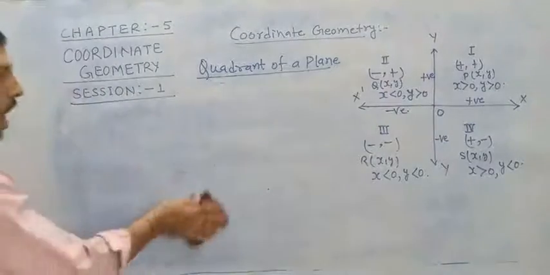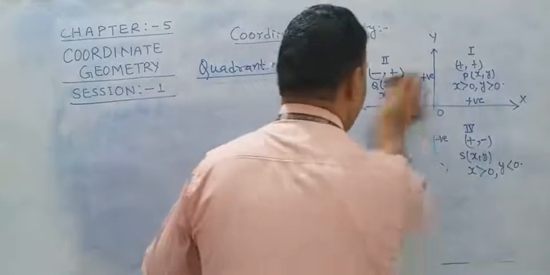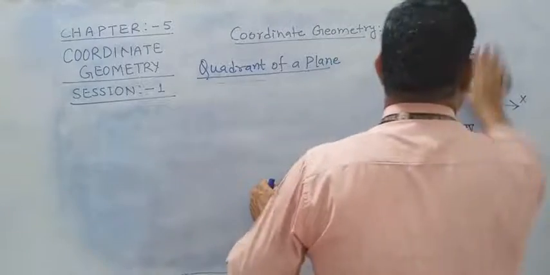So now the question: how to plot a given point in a plane?